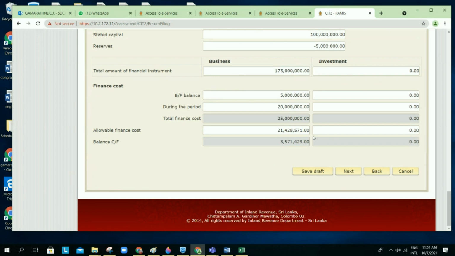The balance value we should carry forward to the next period. This allowable value, 21,428,571, we should take to Schedule 8. If you go to Schedule 8, you can see the allowable finance cost reflected as 21,428,571.